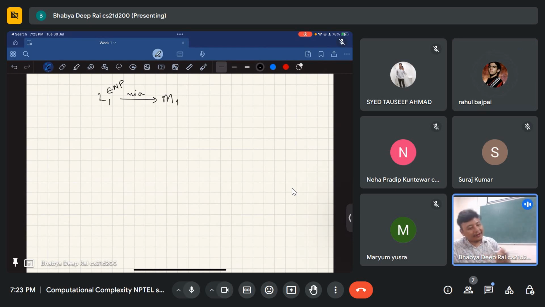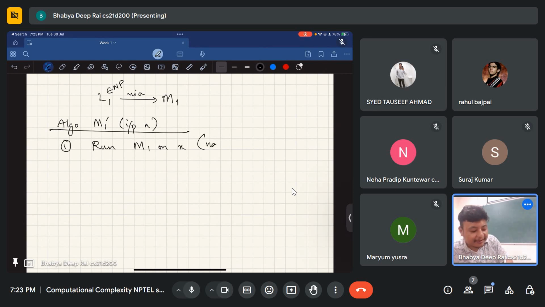Now it's tricky. If I use the same algorithm here, what is the algorithm? M1 prime. This is the algorithm, and I'm using the terms algorithm and Turing machines interchangeably. That does not matter. So here's what first happens: run M1 on X, but remember this time it is non-deterministic, because M1 is a non-deterministic Turing machine.